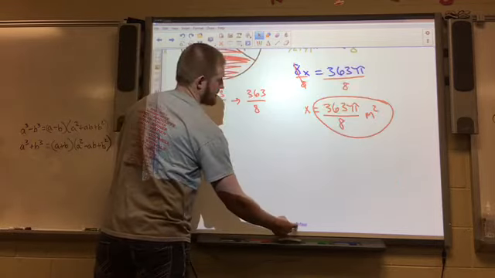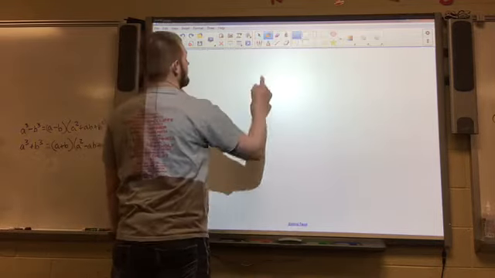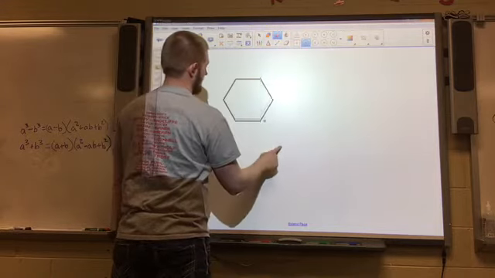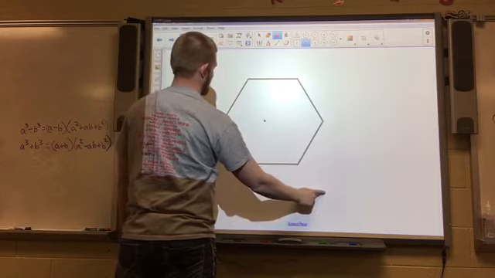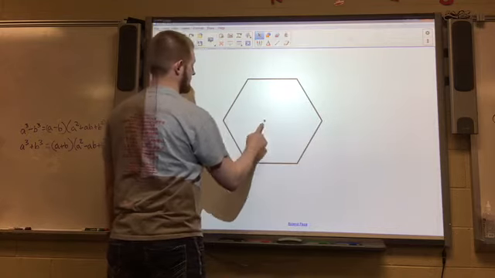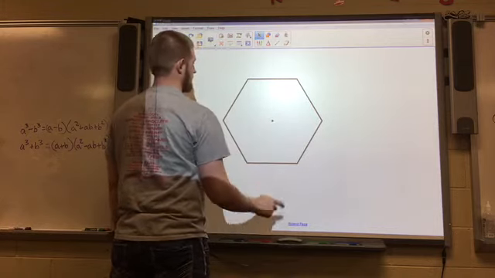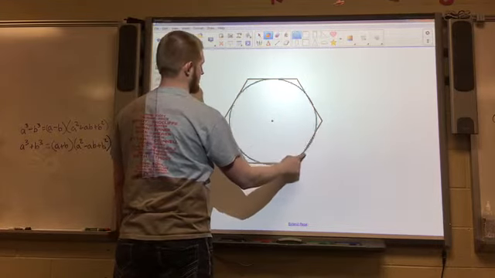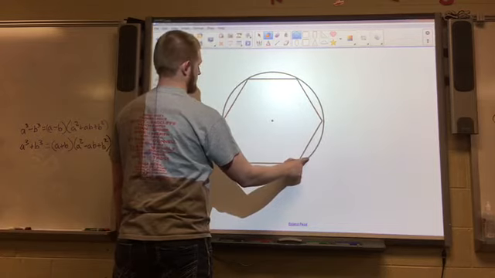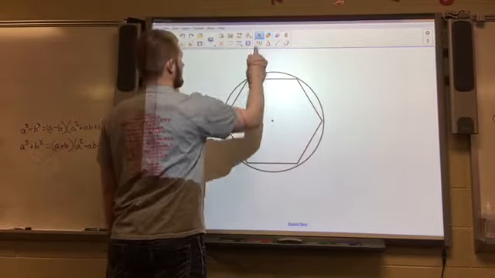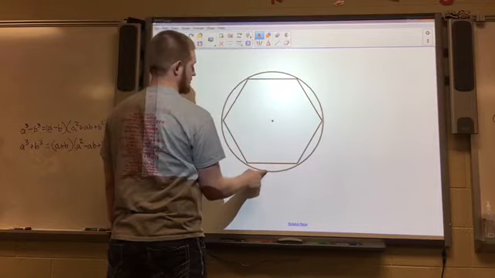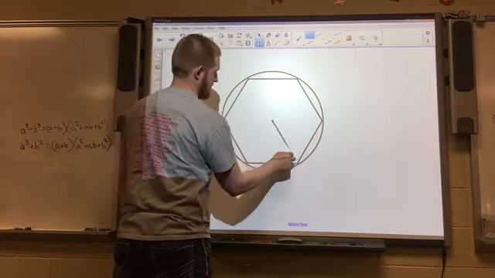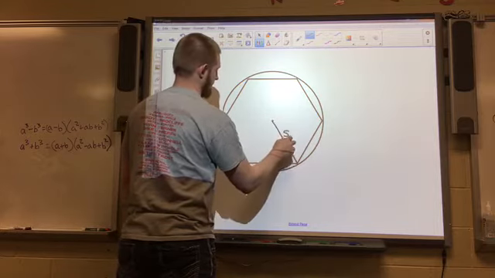All right. The last example I have for you guys is a hexagon inscribed in a circle and they have a radius of 5 inches.